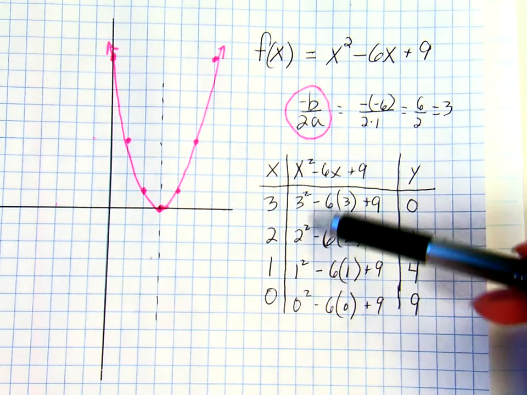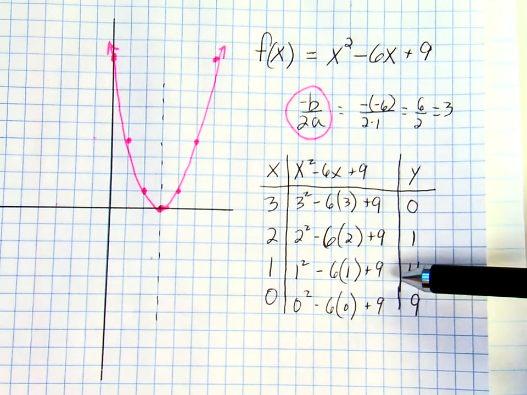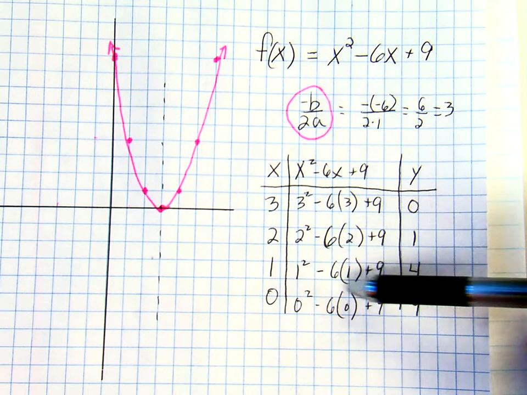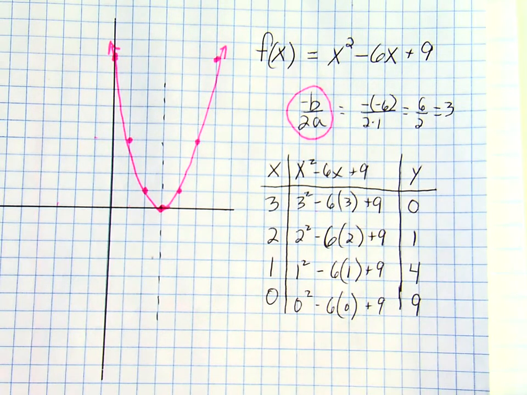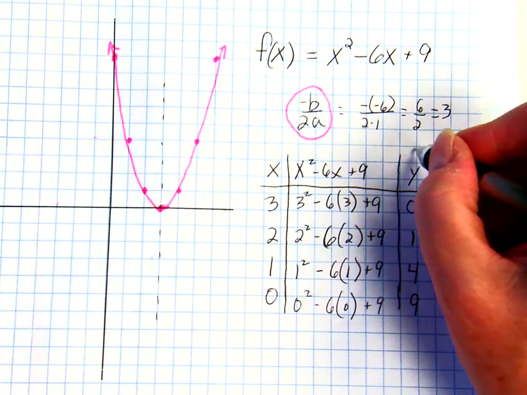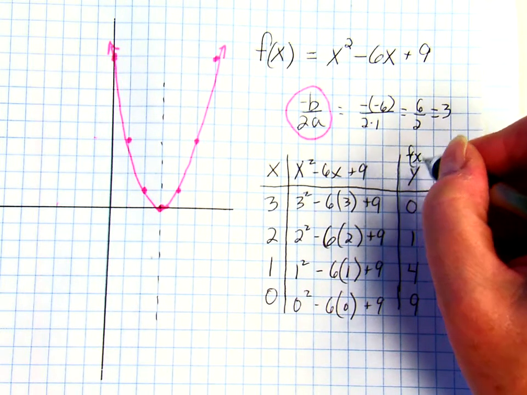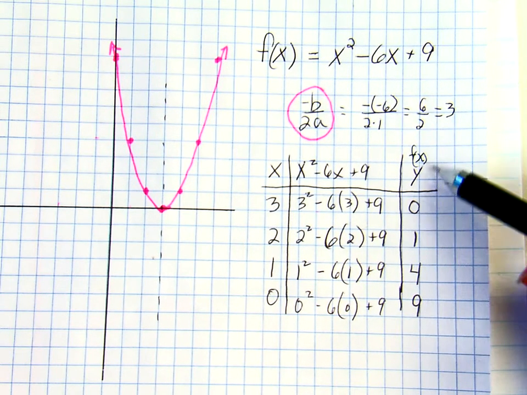Now I make my chart just like we did in the last section. I make my chart, I come up with my y, and remember, I've got it as y, they have it as f of x. It is the same thing, okay?